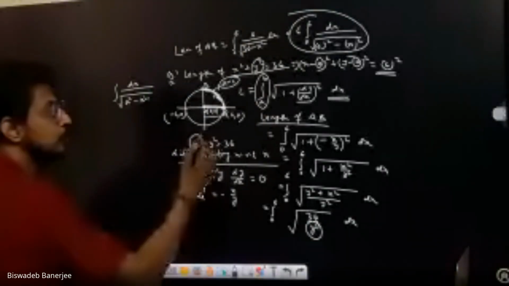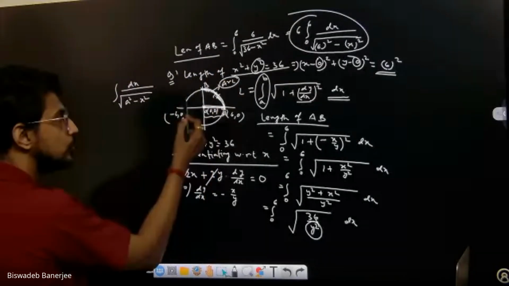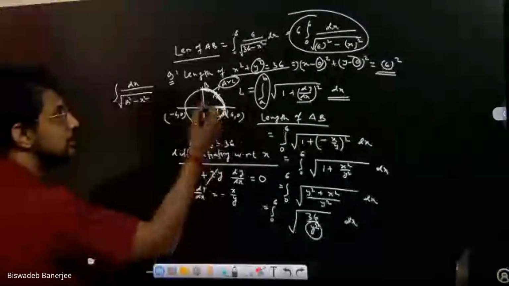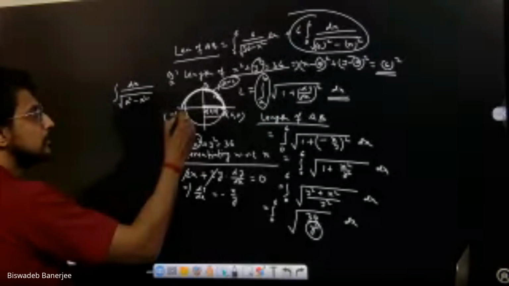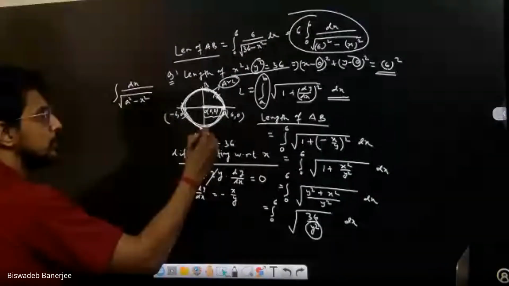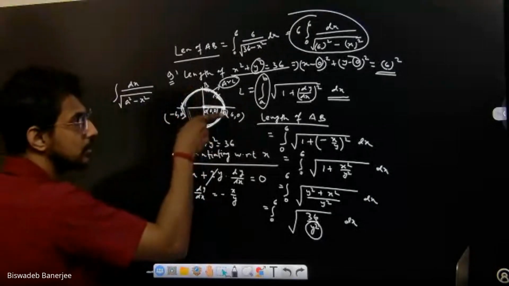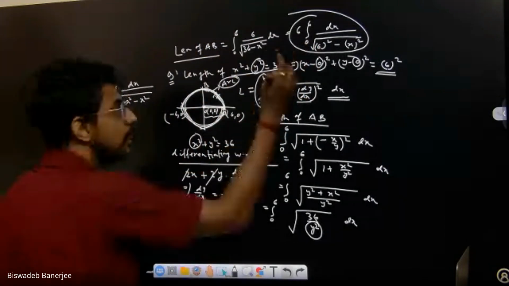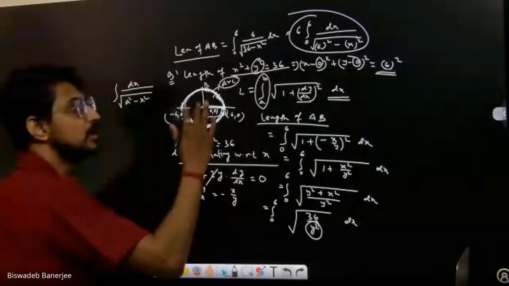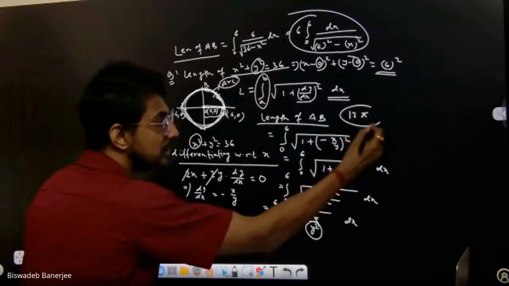After that, multiply this length by 4, because you need to find the entire length. Entire length means AB, then this one, then this one, then this one. These are four arcs, and we have obtained only this arc. So after finding this value, multiply it with 4. If you multiply it with 4, you can see that the answer will be as given in the question.